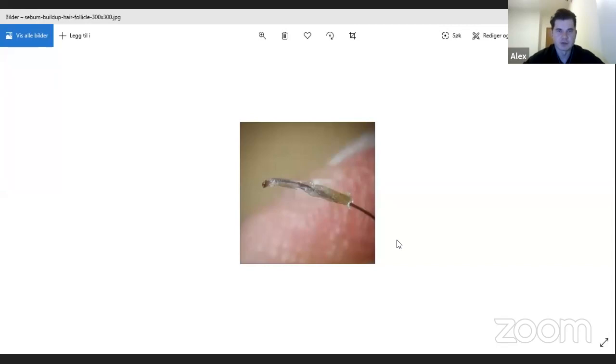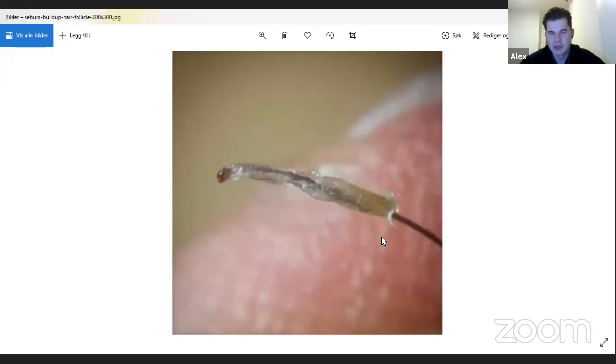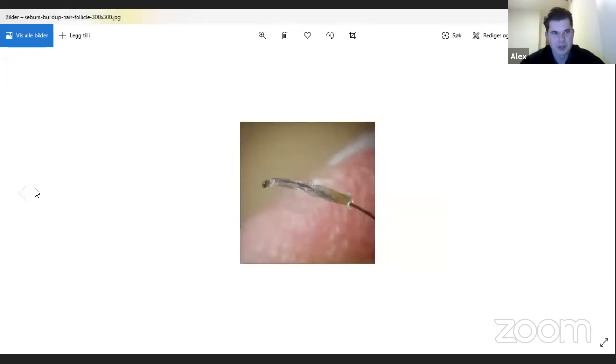I can actually show you a picture of me when I was having inflammation, and this was how bad my sebum buildup was on my scalp. Basically, if you have this kind of condition, it is a serious scalp inflammation, so it needs to be addressed right away.